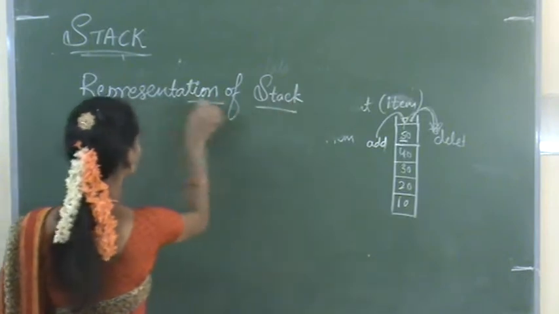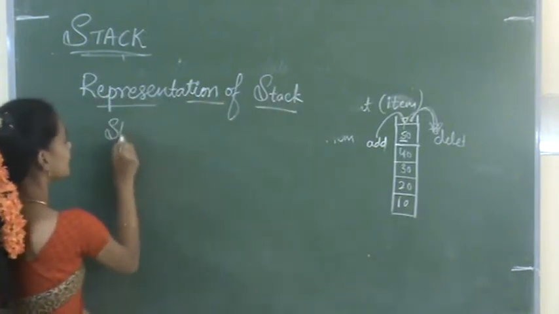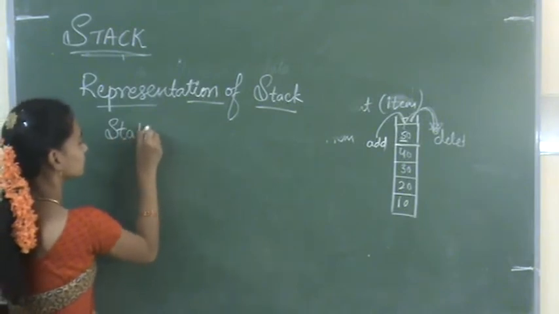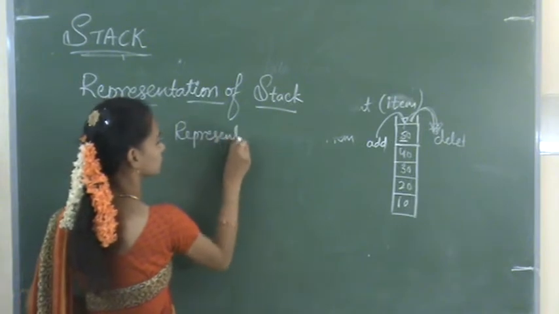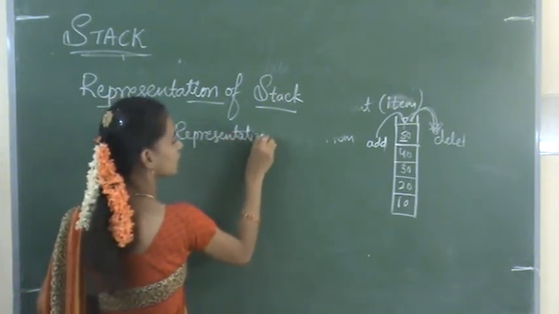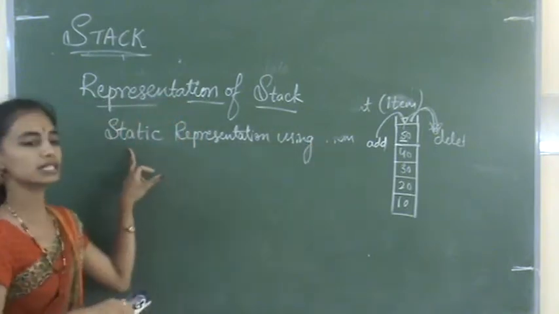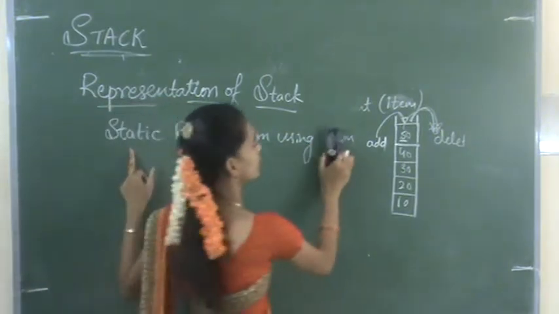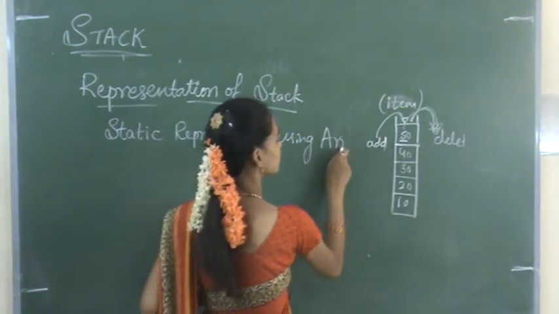So representation of a stack can be in two ways. One is static, where static means it is constant or fixed, so that can be represented with the help of arrays.